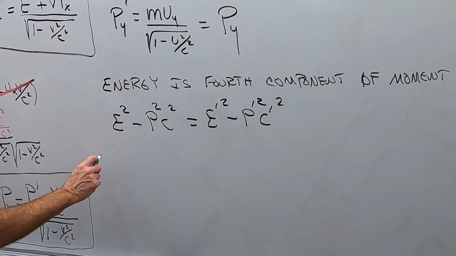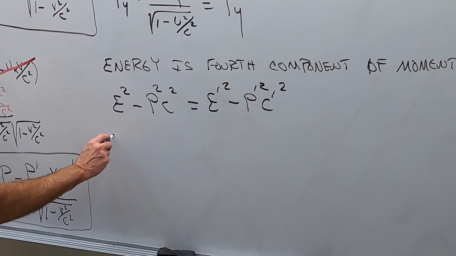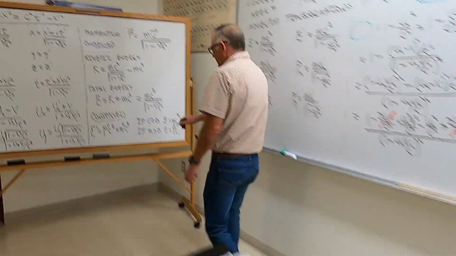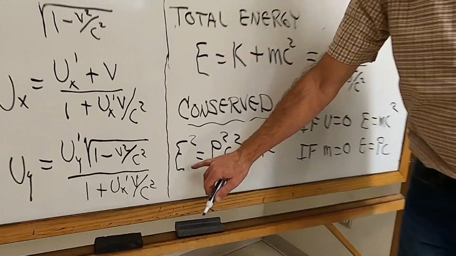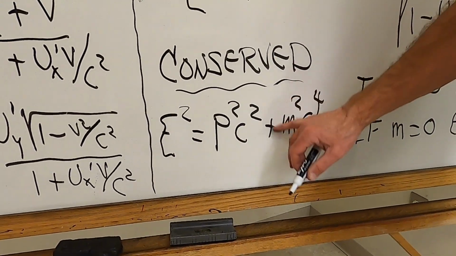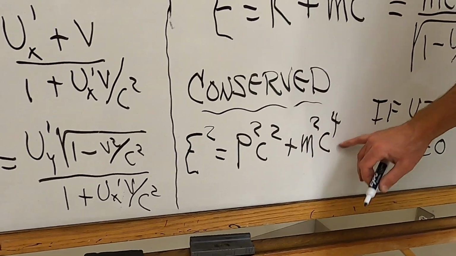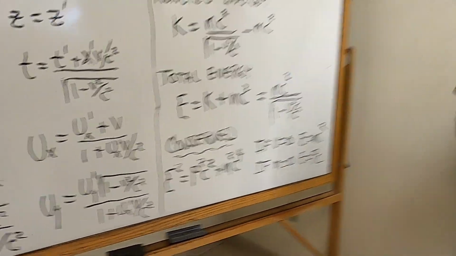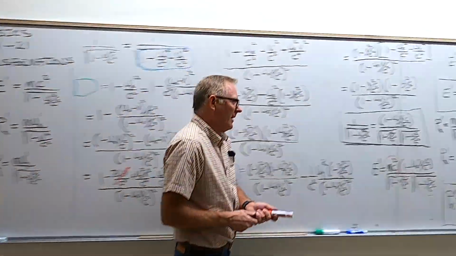We know what that is because we do know E squared from before, from right here. E squared minus P squared c squared is this. And Frank and Mary always agree on the mass and the speed of light. So that's an invariant. So now we have a second invariant.